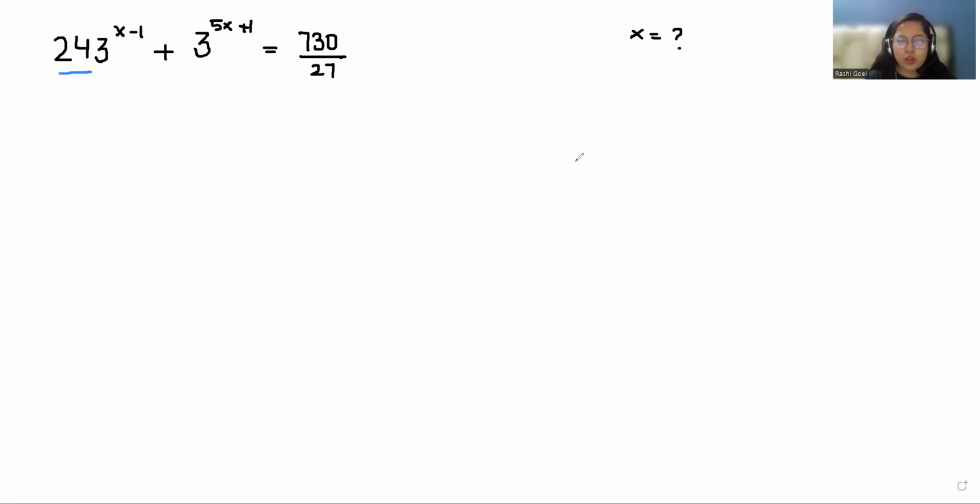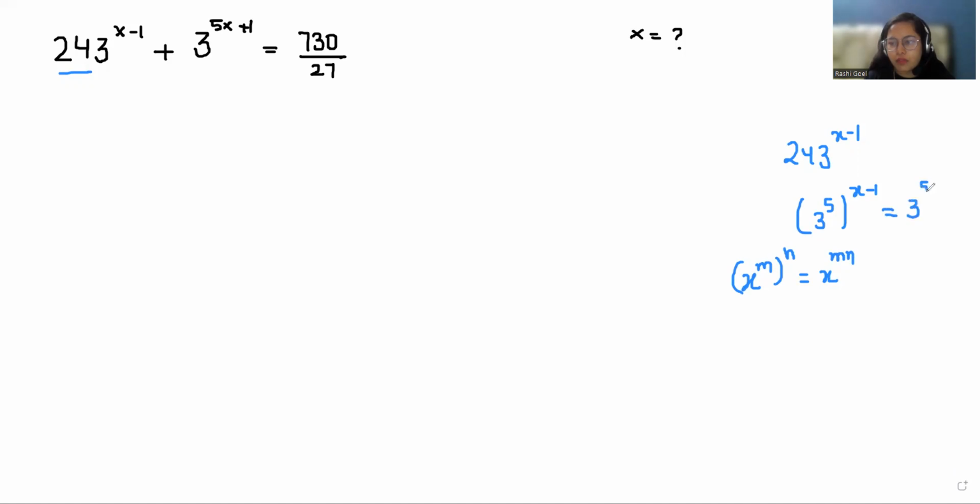So first I'll take 243^(x-1). We can write 243 as 3^5, whole power x minus 1. According to the exponent rule, (x^m)^n = x^(mn), similarly we can write it as 3^(5(x-1)).